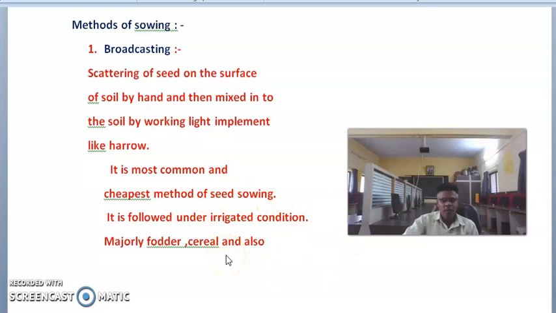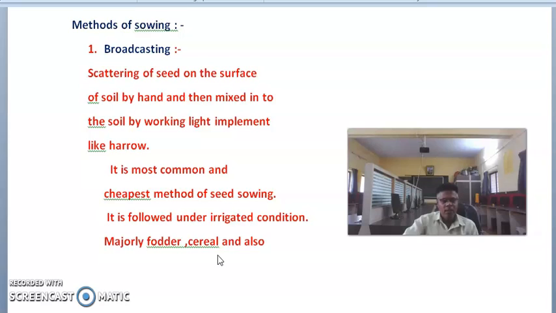It is followed under irrigated conditions, majorly for fodder crops like fodder grasses, or cereal crops like bajra, maize and jowar. These are grown by the broadcasting method for fodder purposes.